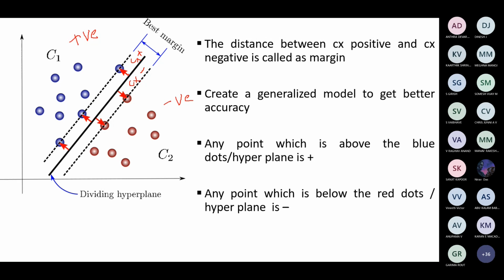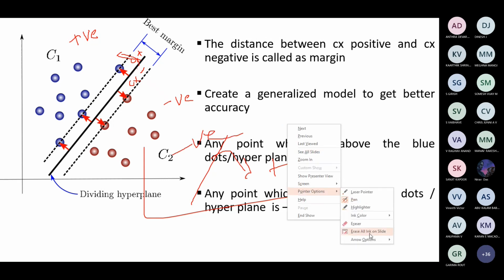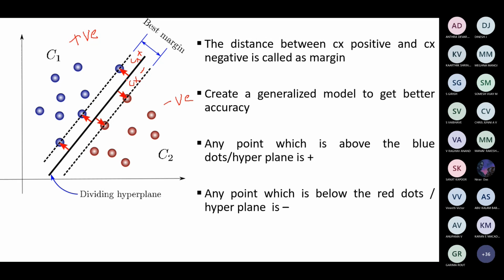Any point which is above this line is classified as positive. For this example, to have a generalized class, any point which lies towards this line is positive.